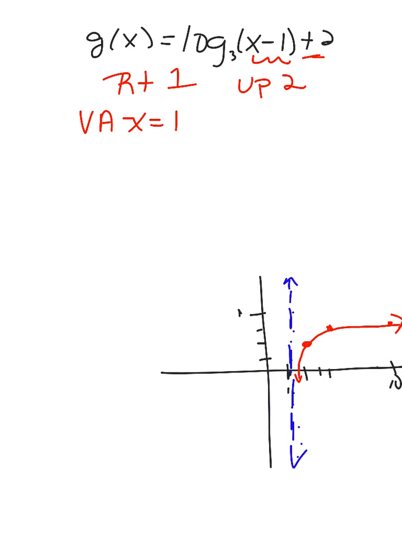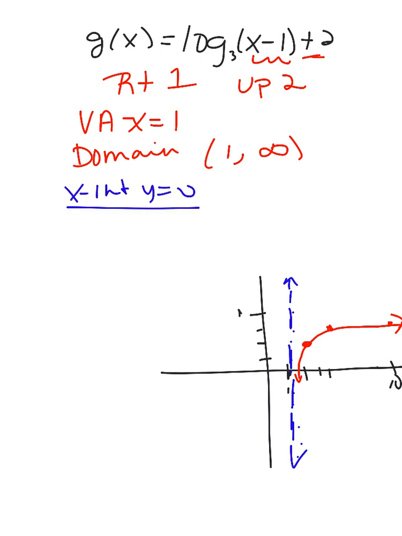All right, so now we want the domain. The domain is from 1 to infinity. Now let's do the x-intercept. That's when y is equal to 0. 0 equals log base 3 of x minus 1 plus 2. So I minus 2, and I get negative 2 equals log base 3 of x minus 1.